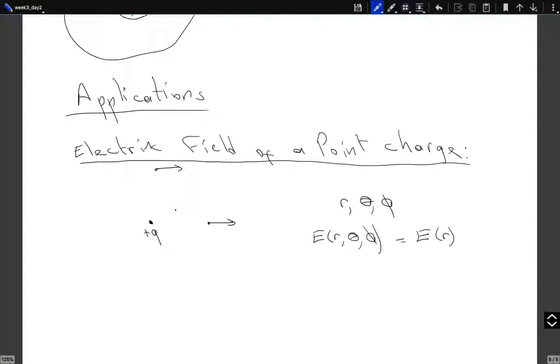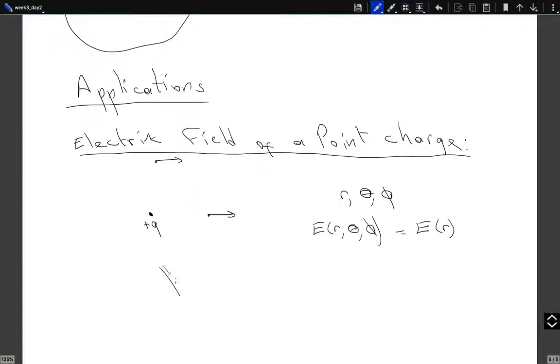The charge distribution will not change. The charge is still a point charge, but now this vector will rotate to that vector. So at the top, this will be the electric field, and that point will move over here. I'm rotating everything, so the electric field will be pointing in that direction.